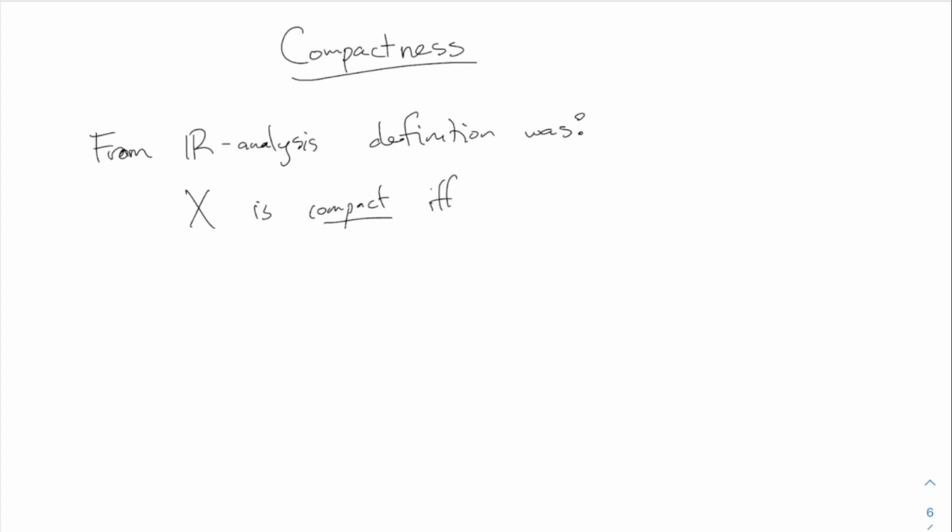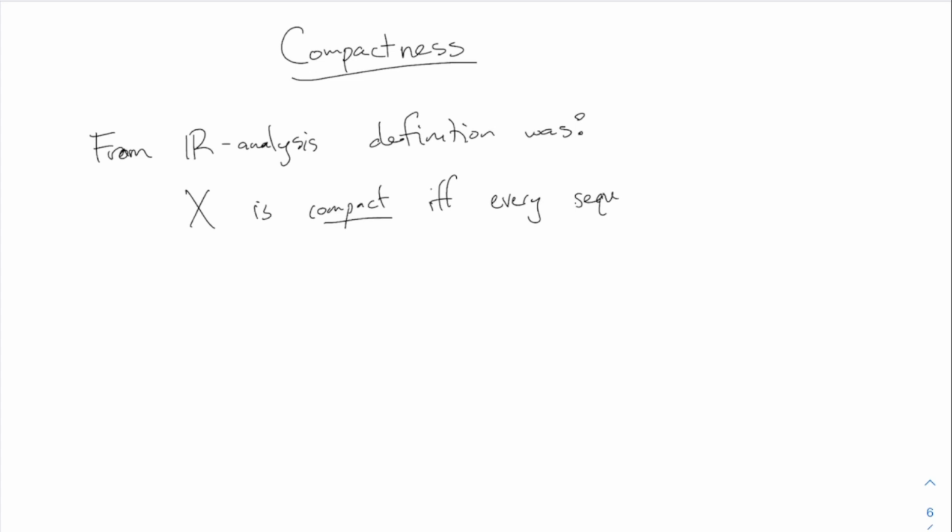It has something to do with sequences. Do you remember? It means a sequence has a convergent subsequence that converges to something that's also in X. Yeah, right. It means every sequence in X. Congratulations for remembering that. You get no bonus for it, but I'm impressed.